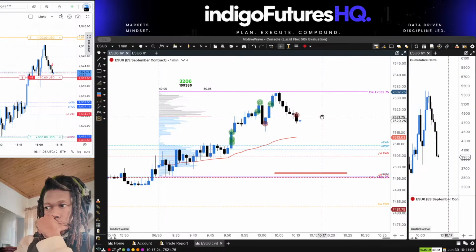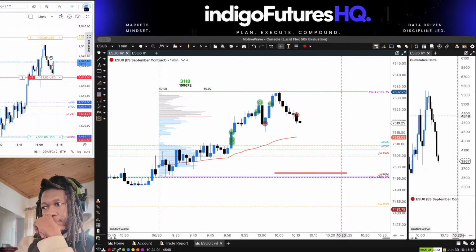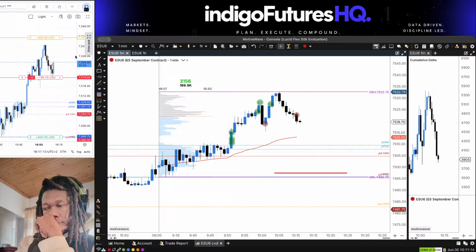Value area high is 521.75. Oh, fuck me. Delta is still shifting lower.